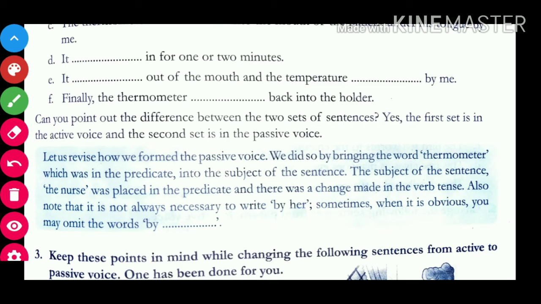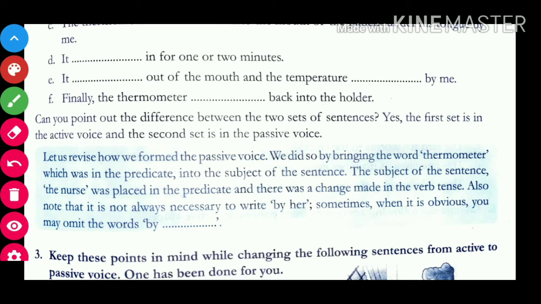Okay, so read in the box. Let us revise how we form the passive voice. We did so by bringing the word thermometer, which was in the predicate, into the subject of the sentence, and the subject of the sentence, the nurse, was placed in the predicate, and there was a change made in the verb tense. Also note that it is not always necessary to write by her. Sometimes when it is obvious, you may omit the words by dash.